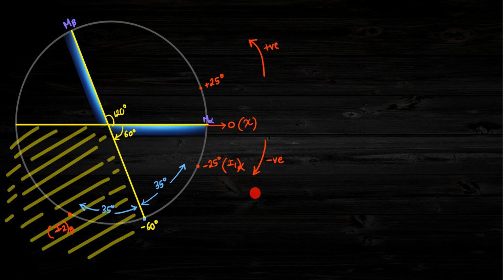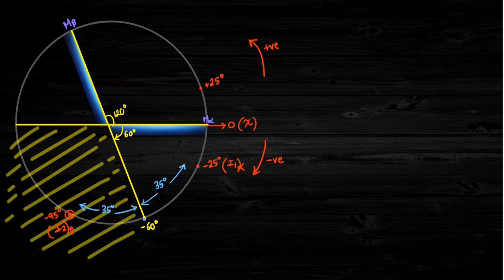And since we are going clockwise, we consider this point to be minus 95. So if I have to write down the angle according to our convention, I write minus 95 right over here. Alright, so this is the image, and since we have now reached the region behind both the mirrors, no further reflection will happen apart from this.